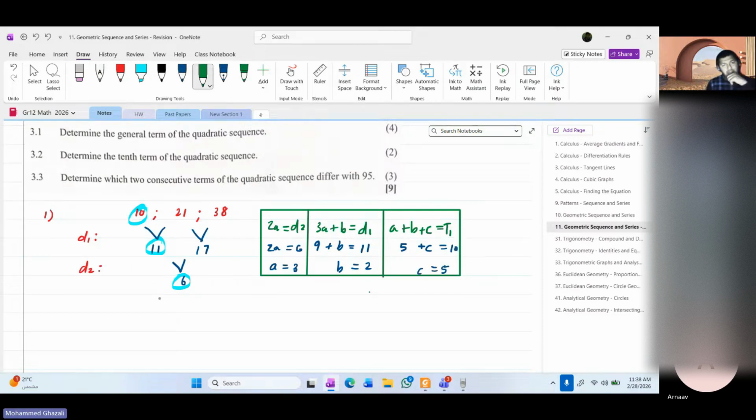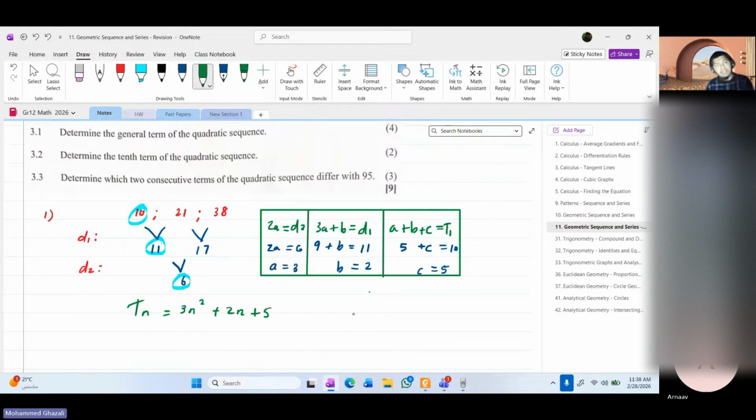So what's your Tn formula? 3n squared plus 2n plus 5. Make sure to substitute a value. Let's substitute the number 1. So that works. Substitute the number 2: 12 plus 4 plus 5, 12 plus 9 is 21.